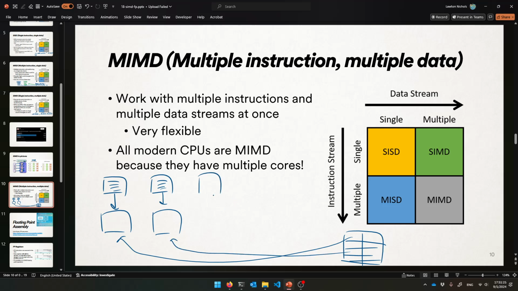It's able to talk to memory at the same time. And maybe you have 4 cores all doing this. So you've got multiple streams of instructions, multiple execution units, all acting on different pieces of data out of your memory, and they all have their own registers too. So that's MIMD. That's as generalized as you can get, and that's a modern day CPU for you.